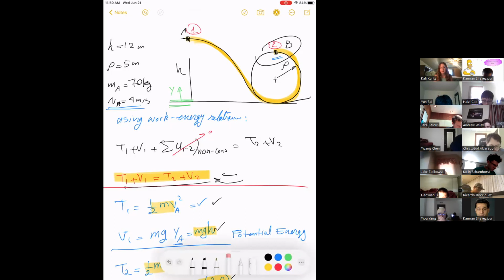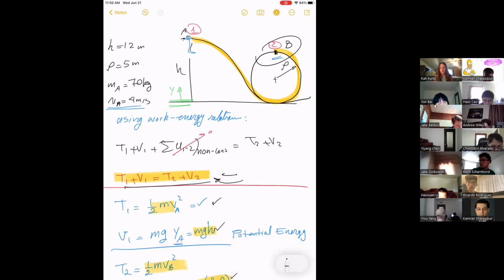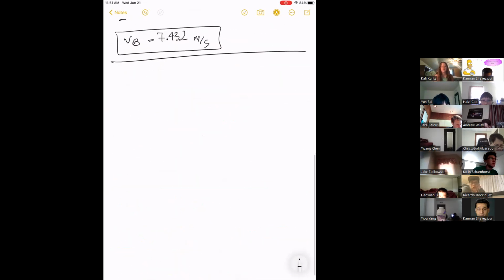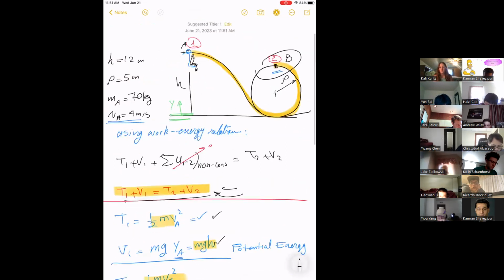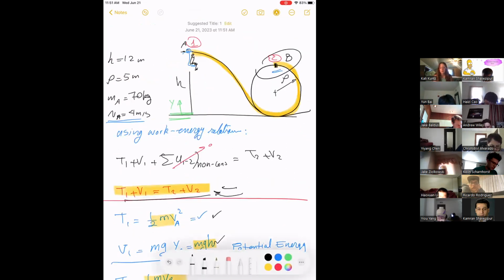If this is the chair or the seat coming here, then the guy sits like that, right? Now, if you go to B, I'm going to redraw B here. In B, the guy will be upside down.